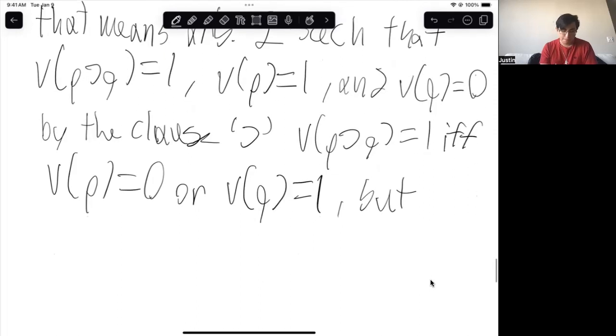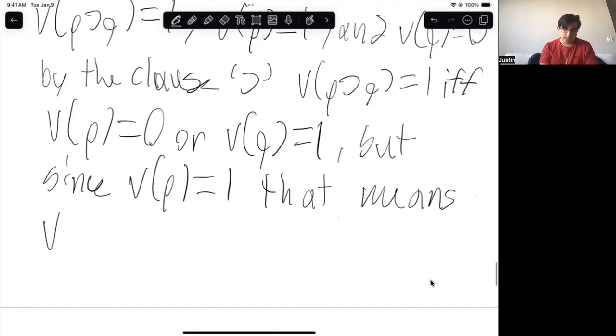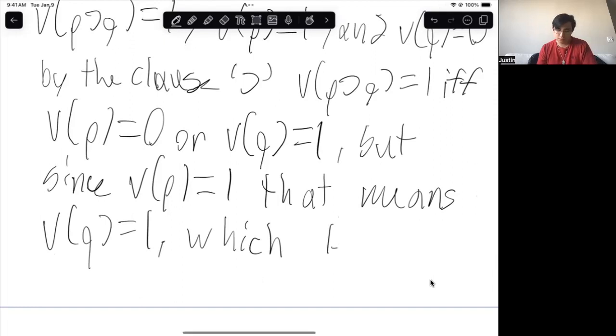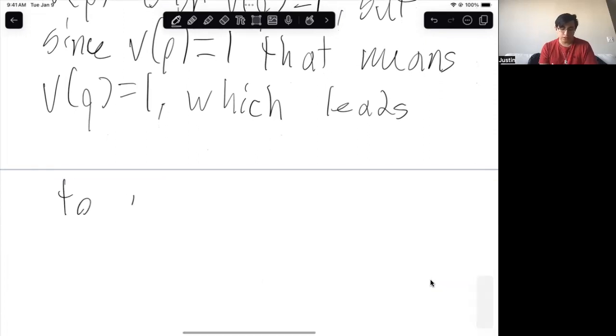But since the antecedent is true, that means that the consequent also has to be true, which leads to a contradiction.